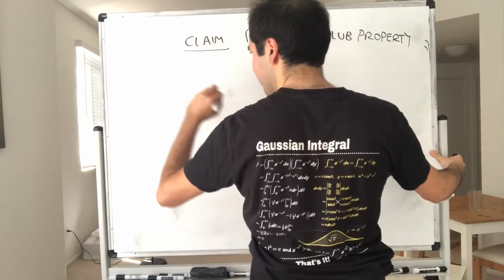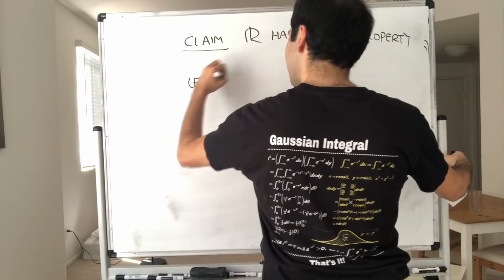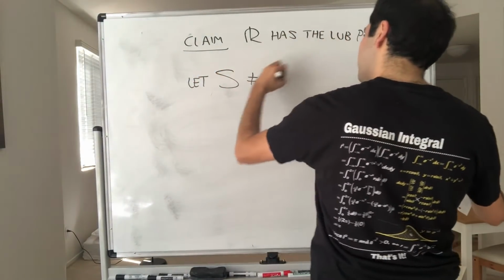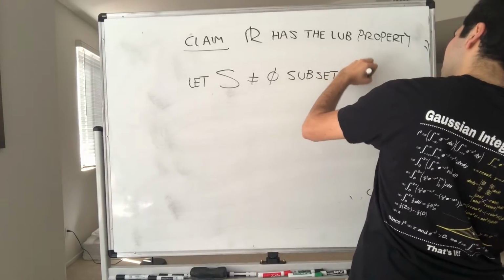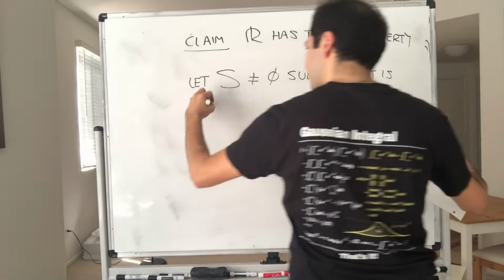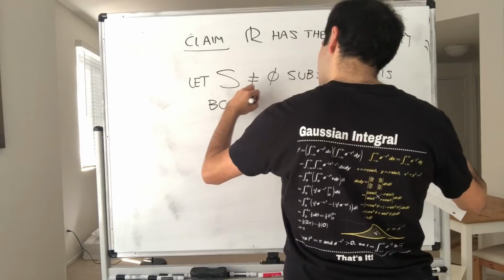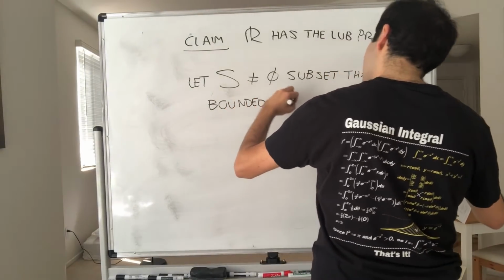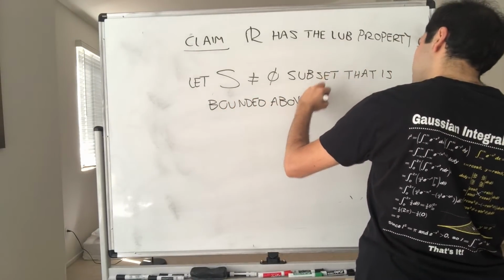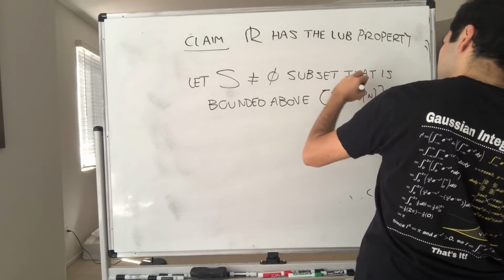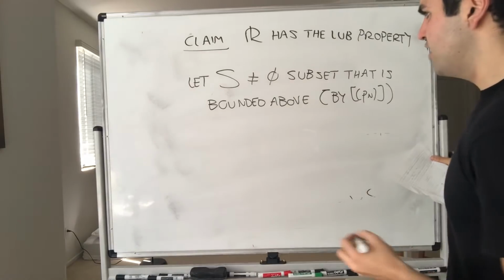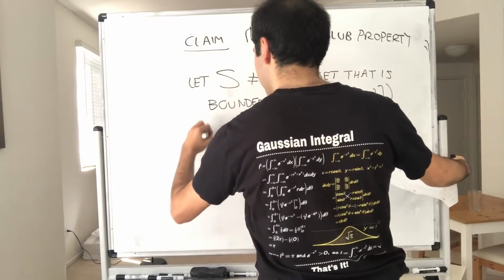So what does that mean? So let S be a non-empty subset that is bounded above, let's say by Pn, and let's show that S has a least upper bound.